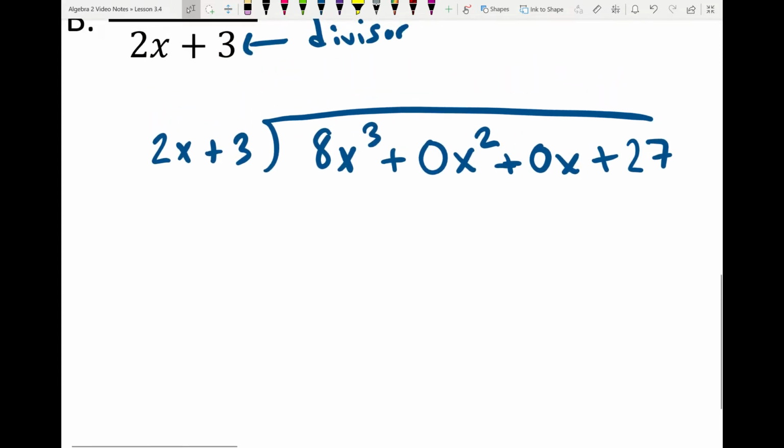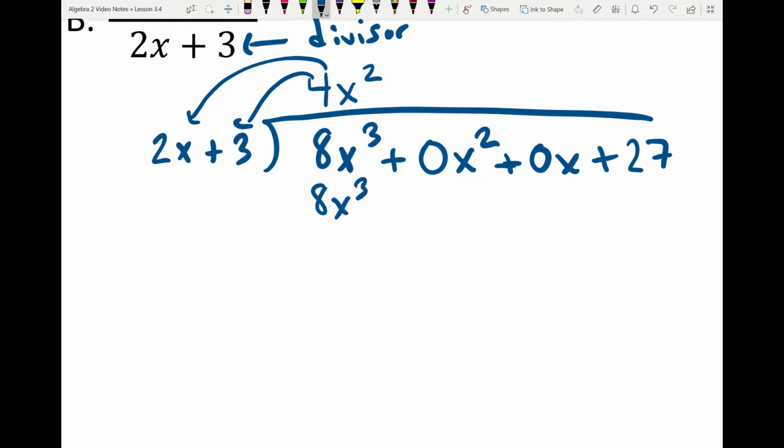All right, so now 2 goes into 8 four times. 2 times 4 is 8. How many times does x go into x cubed? Well, you're missing 2 x's there, so 2 and 1 make 3. Now go ahead and distribute. 4x squared times 2x is 8x cubed. 4x squared times positive 3 is positive 12x squared.